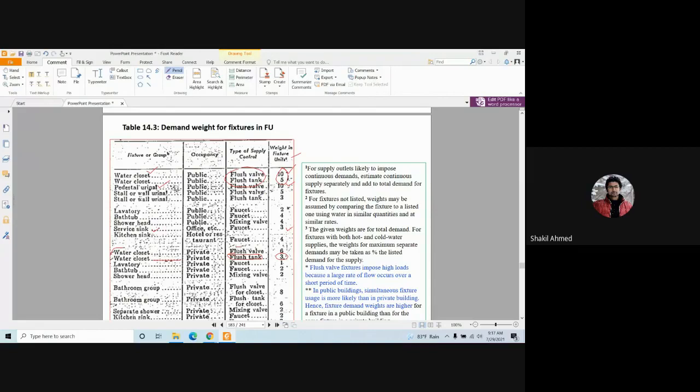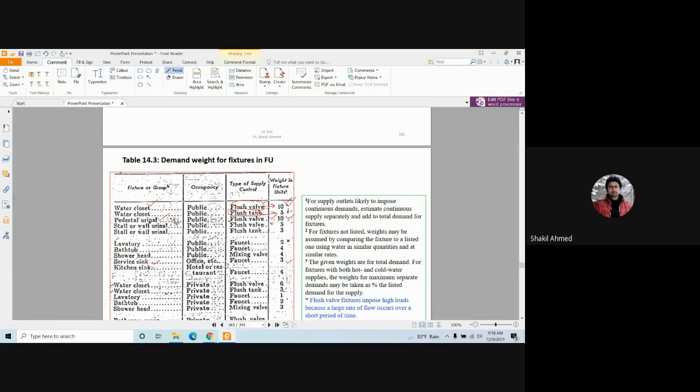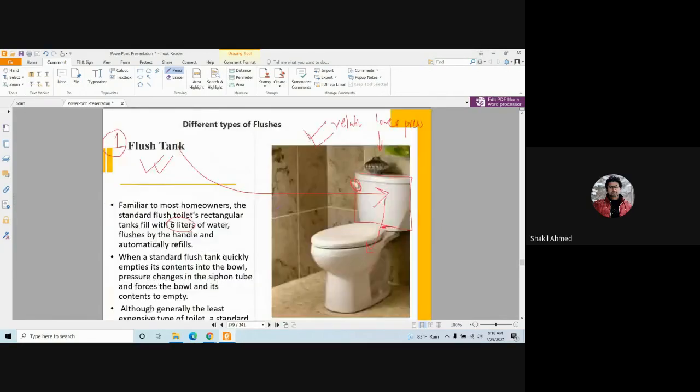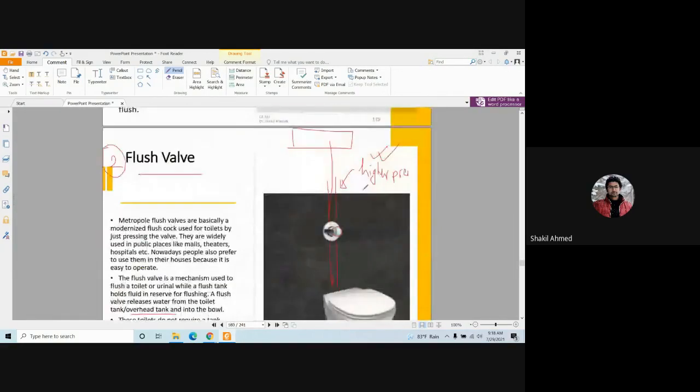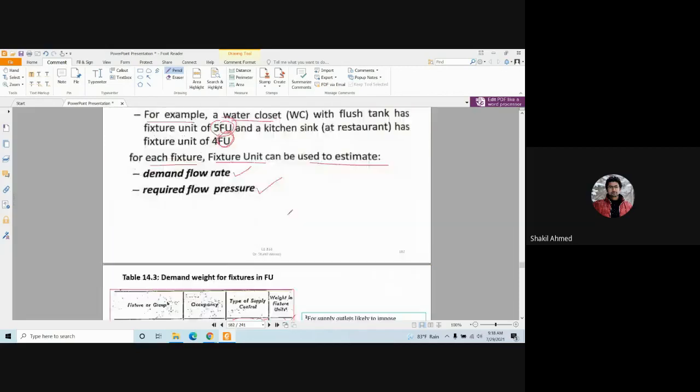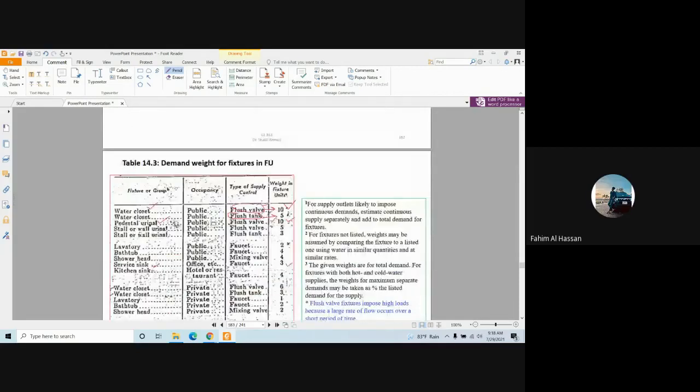Sorry, I made a mistake here. As you can see, flush valve you need 10 and flush tank you need 5. So flush valve you need more, right? Look at this. Flush valve you need higher pressure. Clear?